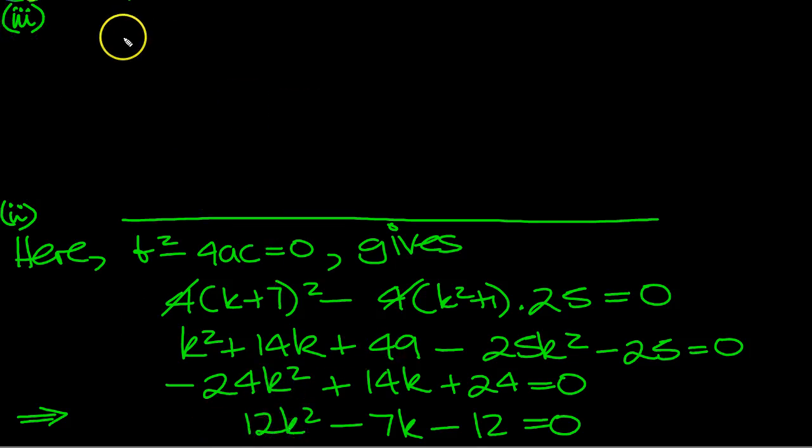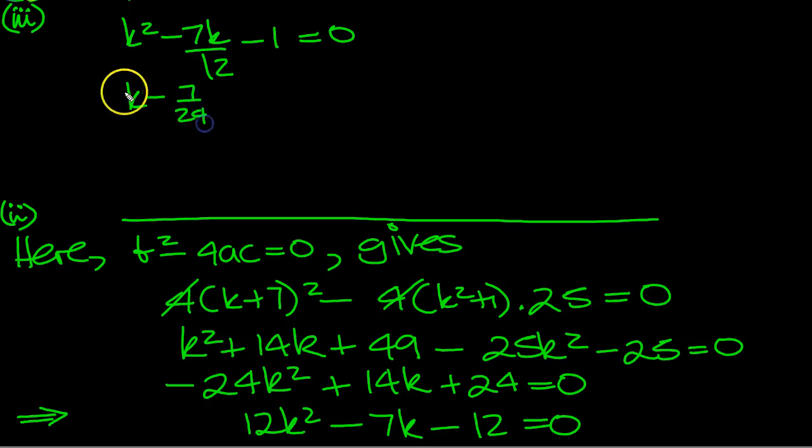Okay, so divide by 12, k squared minus 7k over 12 minus 1 equals 0. So that would be k minus 7 over 24. Wouldn't it? Half that value, and that's squared.